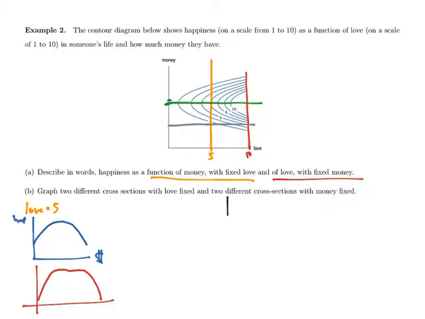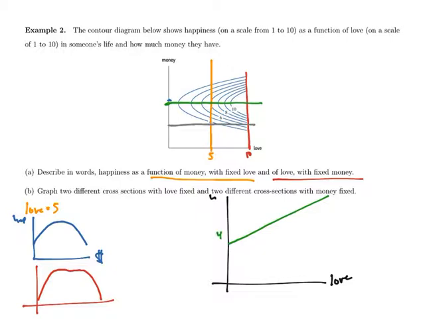so if we put this on the same axes here, we have a function of love, happiness, we have different monies here. We can see maybe the first one is increasing at a constant rate. Happiness is always going to be at least greater than or equal to 4.